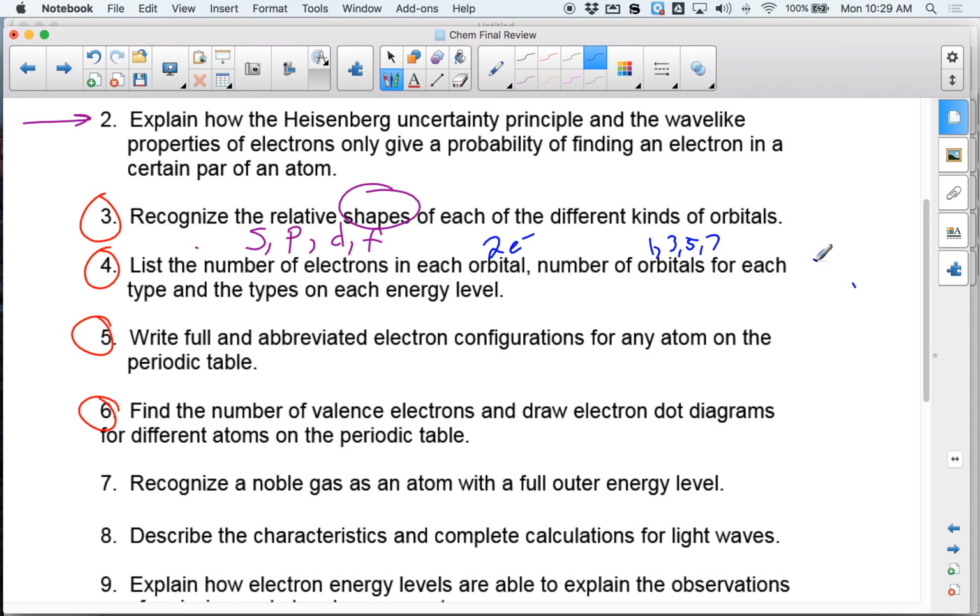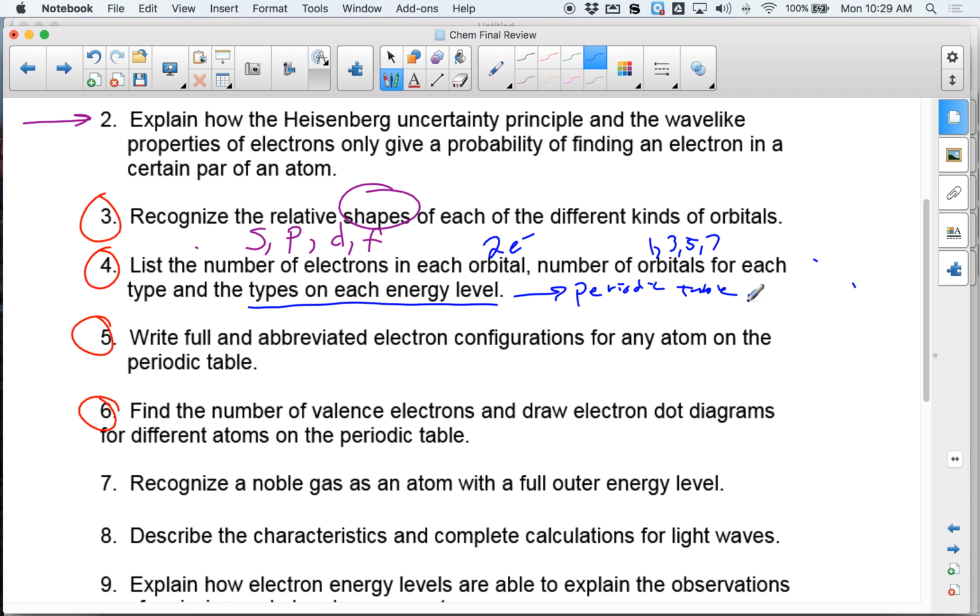Okay, and then the types on each energy level. This, remember, we can look at the periodic table. Because the setup of the periodic table actually shows us. So remember, as far as the setup of the periodic table goes, these are the energy levels for the most part.